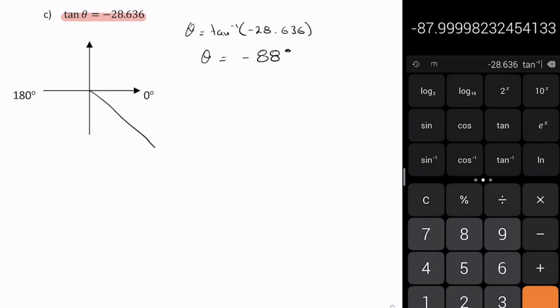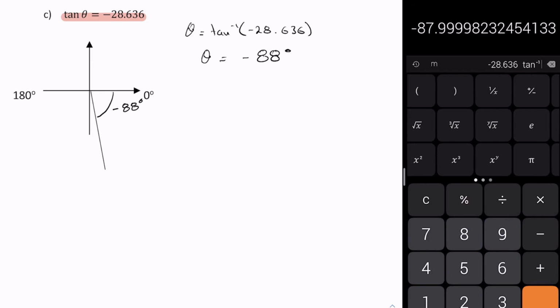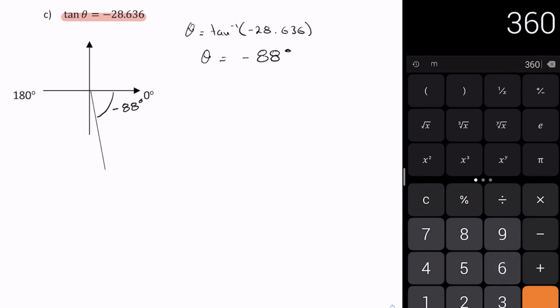So that's down here, almost minus 90, minus 88. But again, that's not between 0 and 360. So I have to do 360 minus 88, which gives me my theta 1 value of 272 degrees.